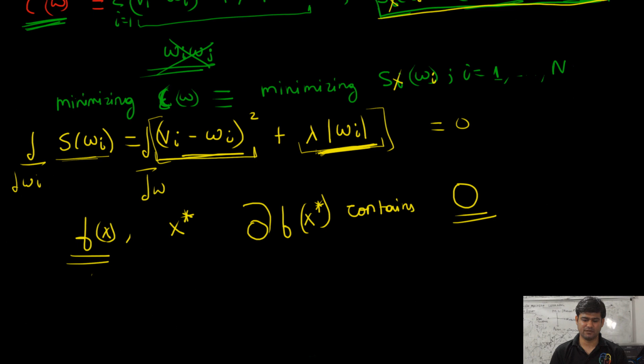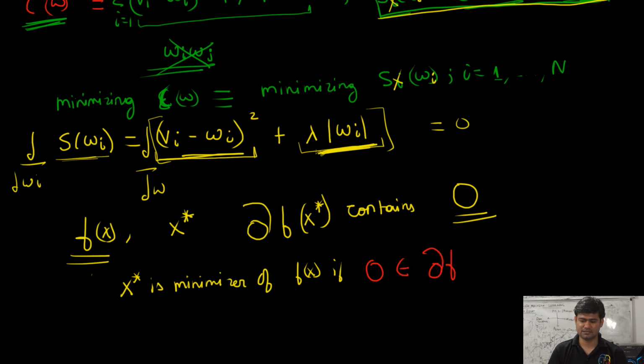So simply we write x star is a minimizer of f(x) if 0 belongs to the subdifferential set of f at x star, where the zero subgradient is a subgradient whose components are all 0, and the subdifferential set, as we recall, is the set of all the subgradients of function f at point x.